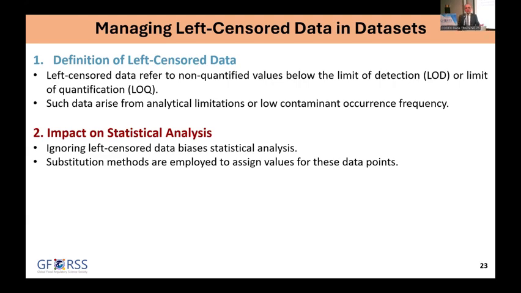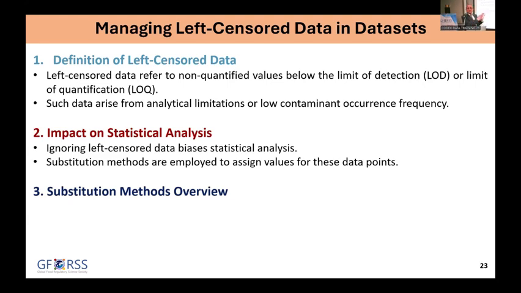So it means whenever you don't have a quantifiable result, so it's an ND, not detectable, or less than 1.0, we need to transform this descriptive result into a quantitative result, a value that we should insert instead. So this is what we call the substitution method.